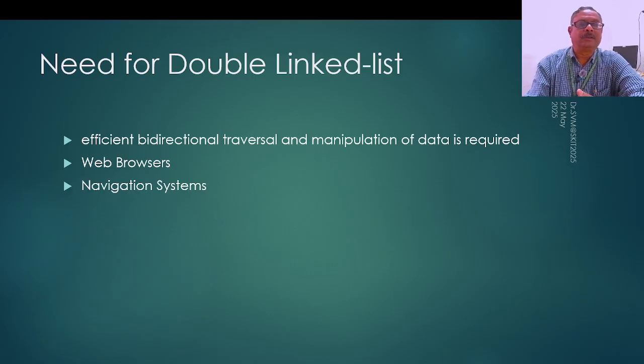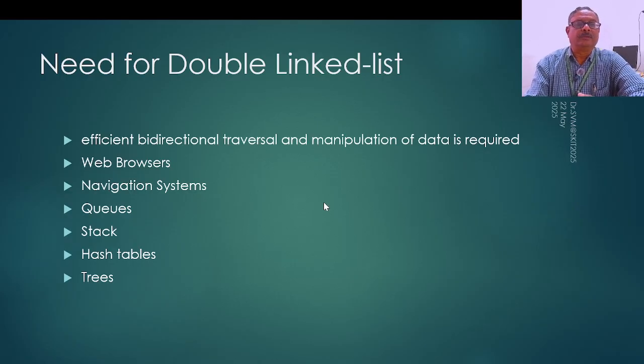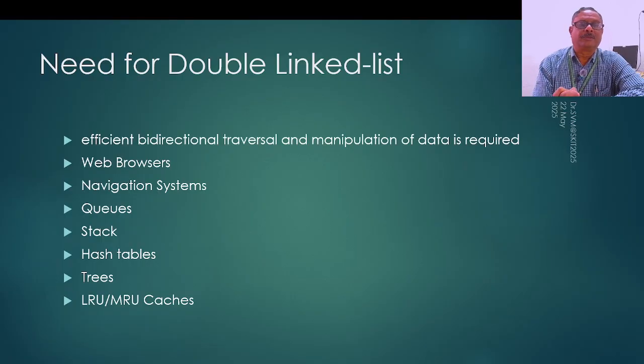more efficiently. In the case of navigation systems, of course, we can use them. In queues, if we want to make them bidirectional, it will be easier. Stacks, yes, bidirectional. Hash tables also we can use. Trees, then least recently used or most recently used cache memories and all that.